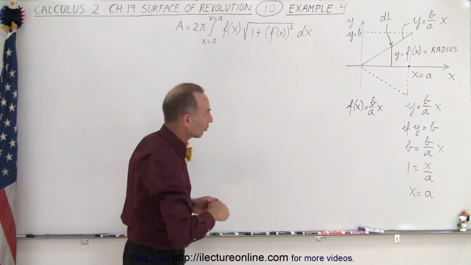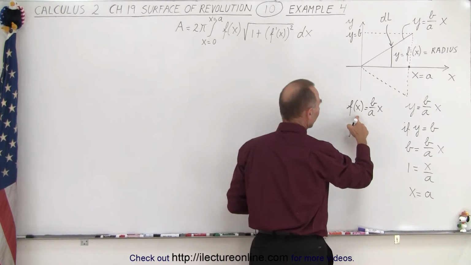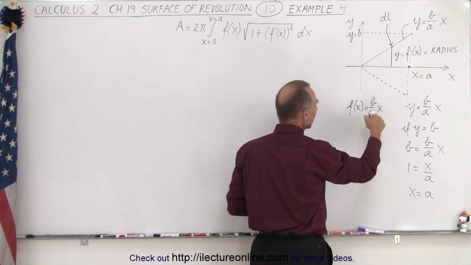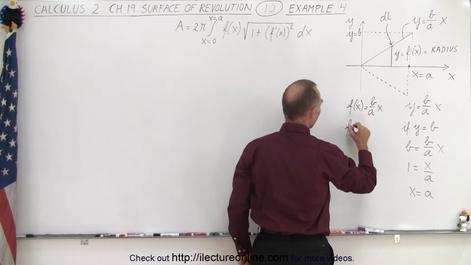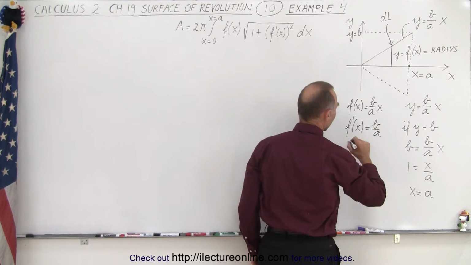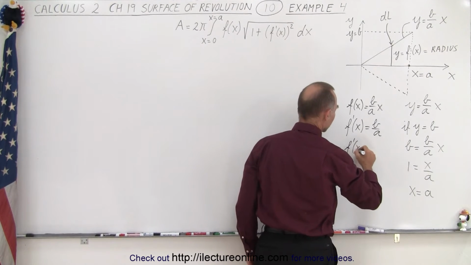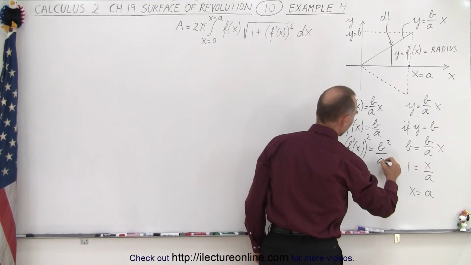All right, so starting with the equation f is equal to b over a x, b and a are constants. We now need to find the derivative of that. So f prime of x is simply going to be b over a. And then if we square that quantity, we get b squared over a squared.